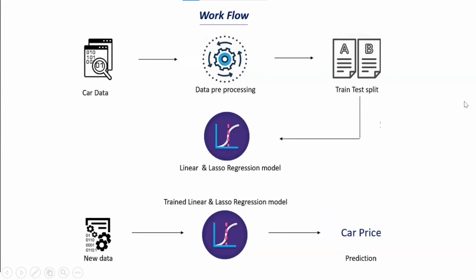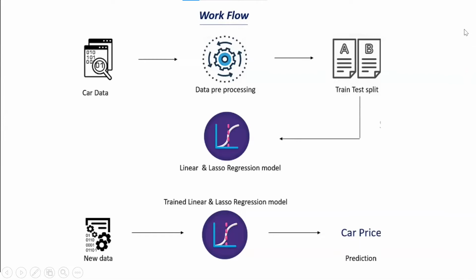Once we process the data, we will split the data into training and testing data. This step is called train and test split. Then we will train our machine learning model with the training data, and we will test and evaluate our machine learning model with the test data. So we will feed this to our regression model. In this case, we will use two regression models.